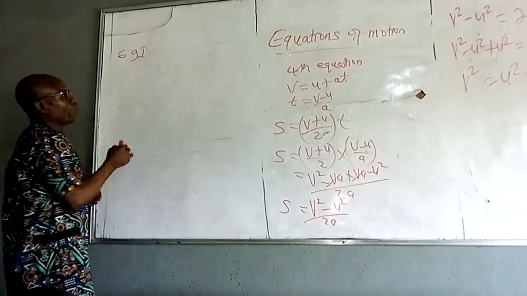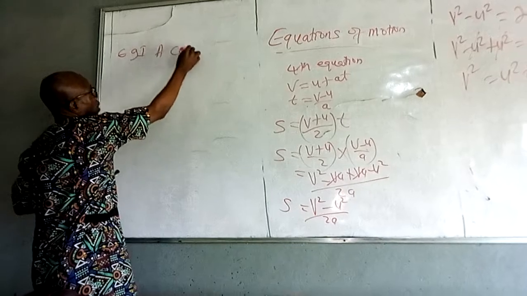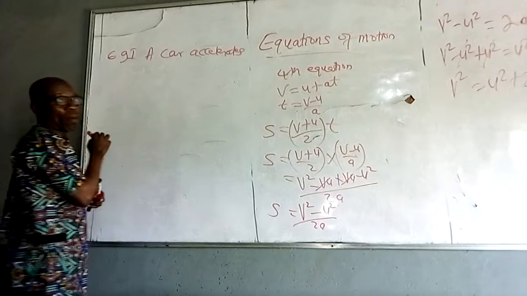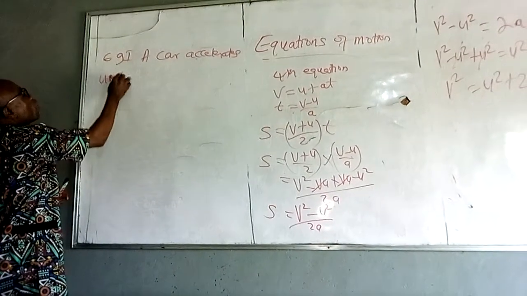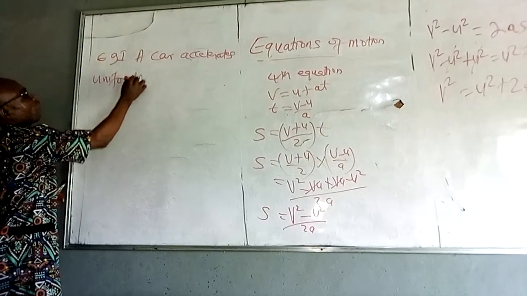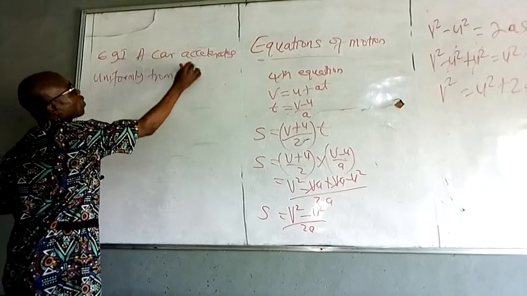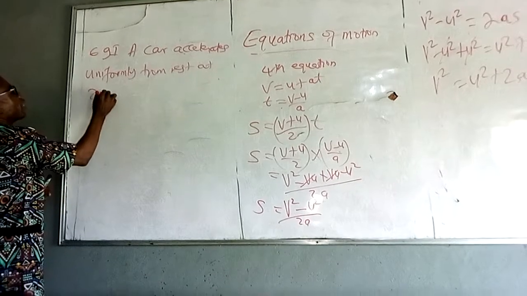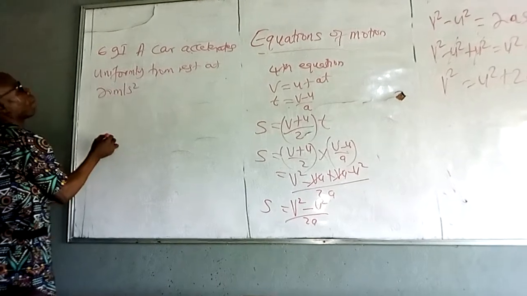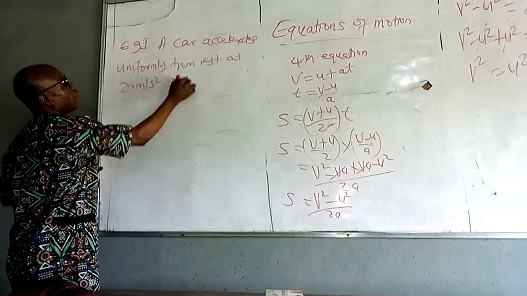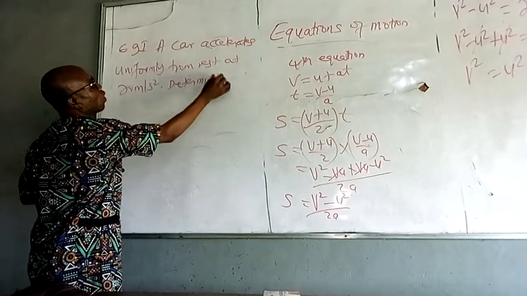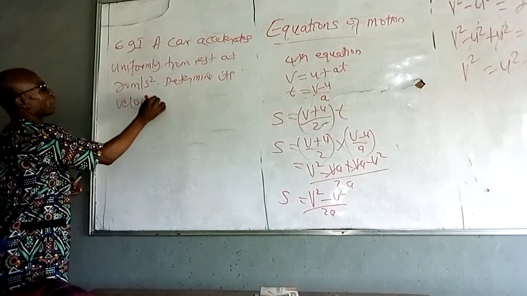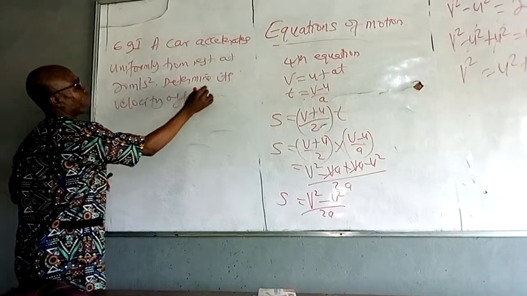A car accelerates uniformly from rest at 20 meters per second squared. Determine its velocity after 5 seconds.